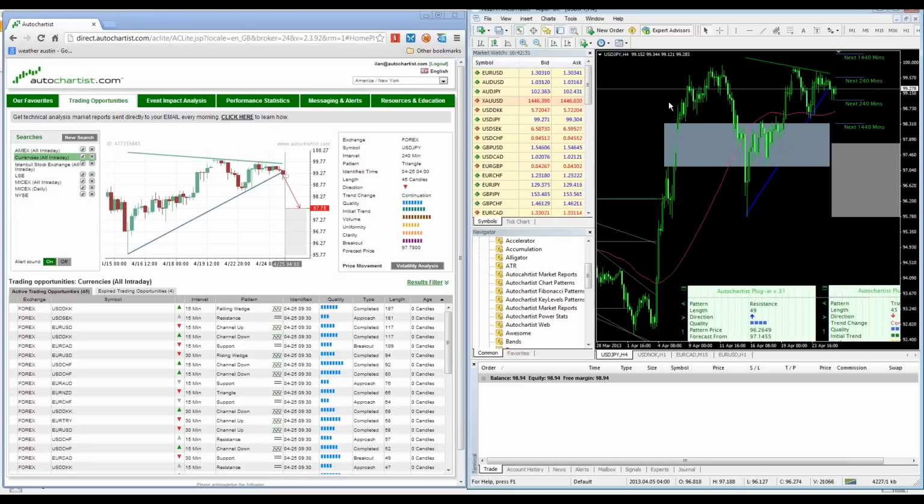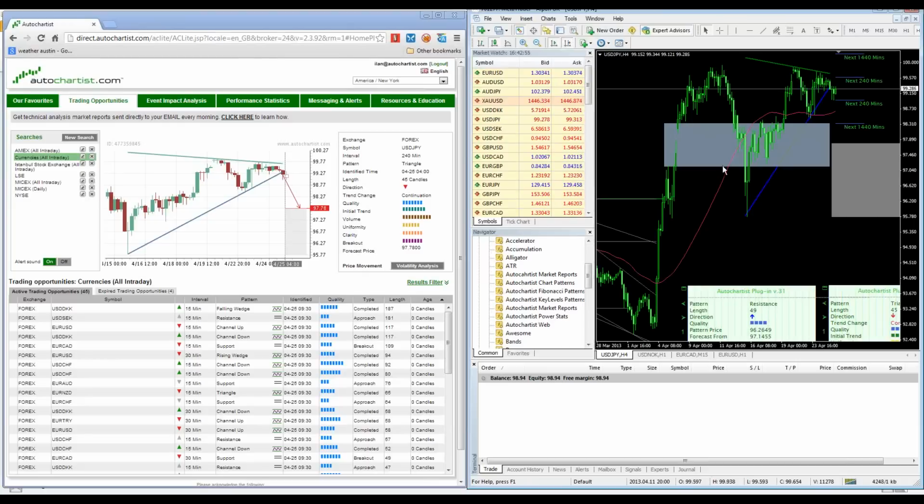For those of you who don't trade forex, Metatrader is an execution platform with the ability to actually execute trades on the foreign currency market. The reason I use this in the presentation is because we have Autochartist actually plugged into this application. So this is why I use it.